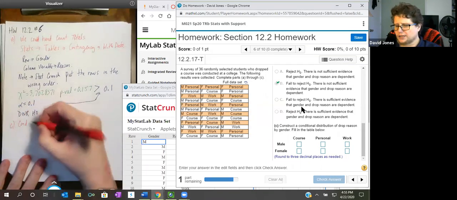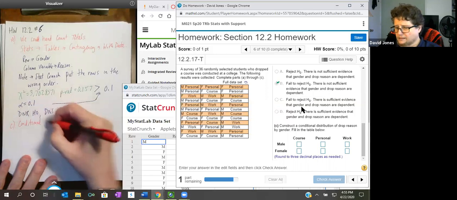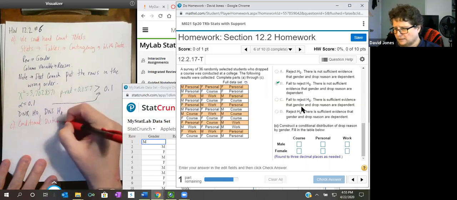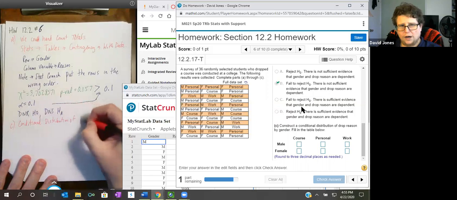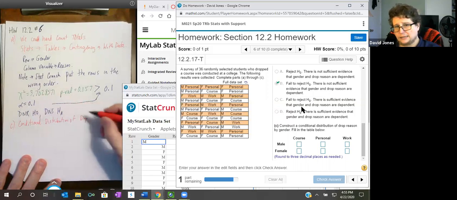Now for part C, oops, conditional distribution of drop reason by gender.